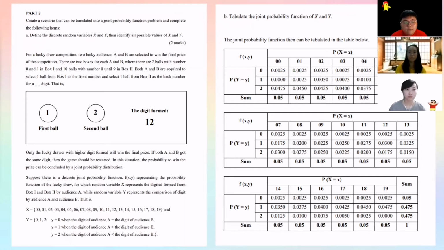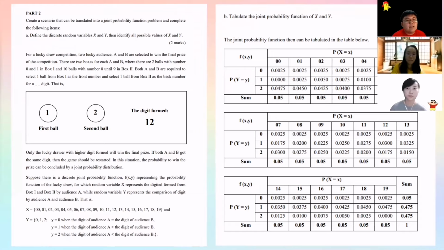Each of A and B is given 2 boxes. In box 1 they have 2 balls with numbers 0 and 1, and in box 2 they have 10 balls with numbers 0 until 9. They are required to select 1 ball from box 1 and also box 2 respectively and form a two-digit number, as shown in the diagram.